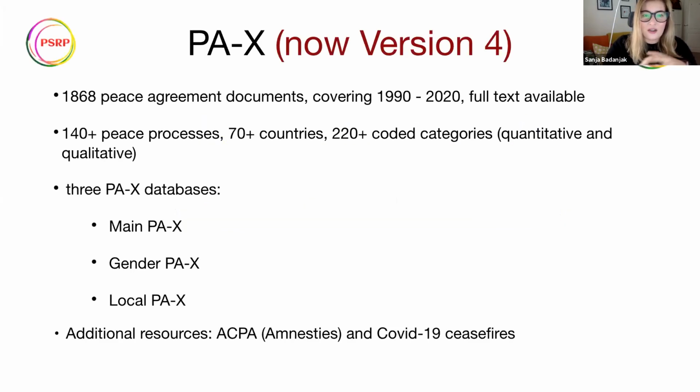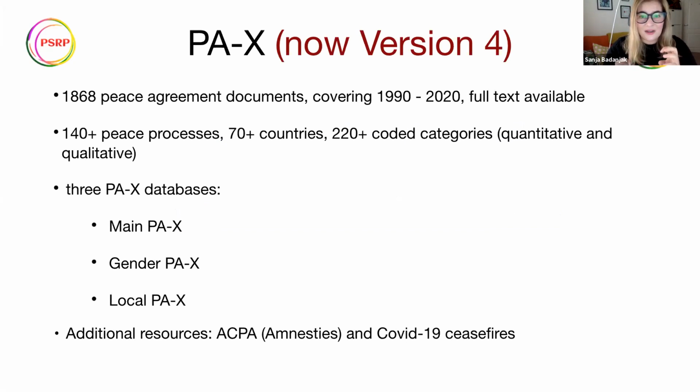So there are three PA-X databases, essentially. There's the main PA-X, which contains 1,868 peace agreement documents from 1990 to June 2020, with all full texts available. And then the two sub-databases are the Gender PA-X and Local PA-X.